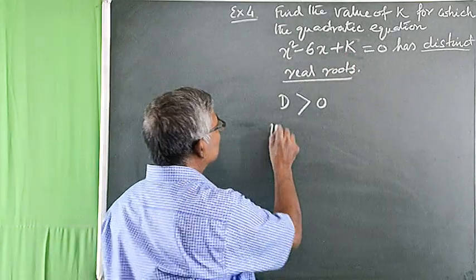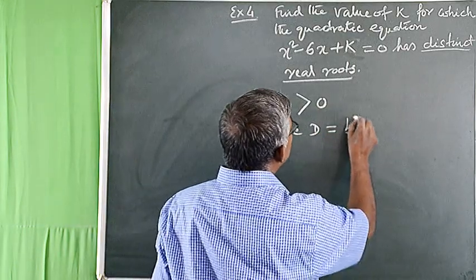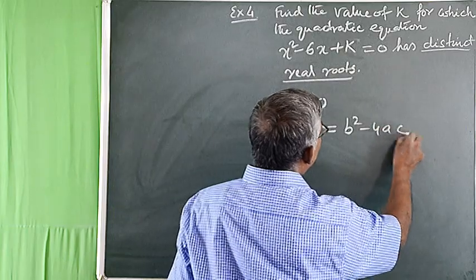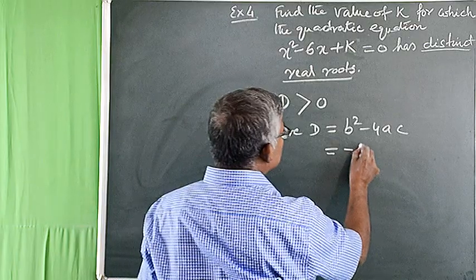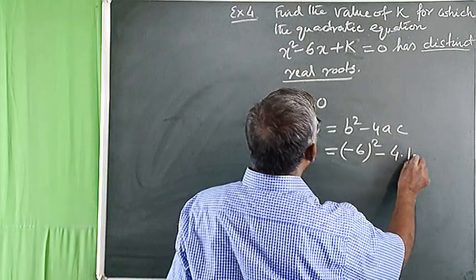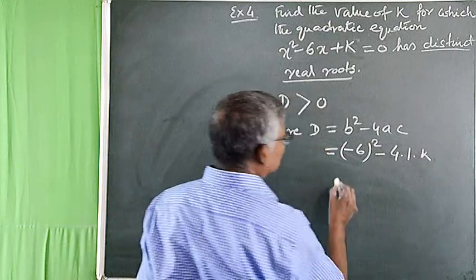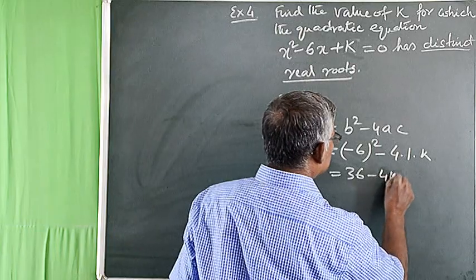Here d equal to b square minus 4ac equal to, what is the value of b? That is minus 6 whole square minus 4 into 1 into k, that is 36 minus 4k.